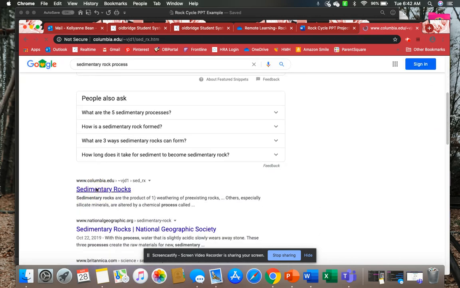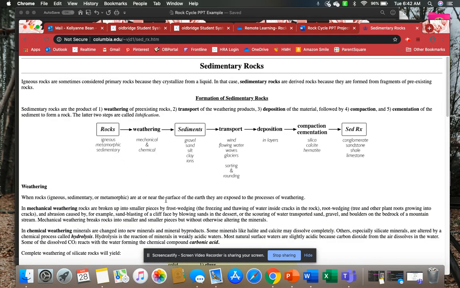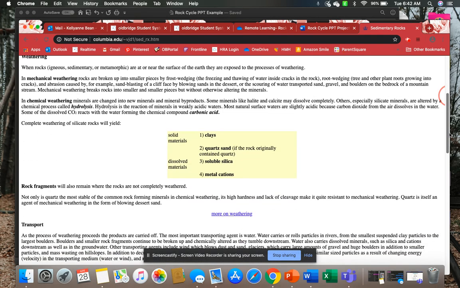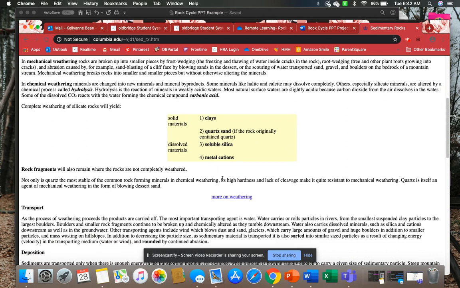So if we were to click on this website, yes, you've learned about mechanical and chemical weathering. However, once you start to read through it, it's going to give you all of this information that you don't understand because we really haven't gone over it. So I would suggest using the resources that I tell you first, then going back and double checking them. If you still can't find the answer, message me, please.